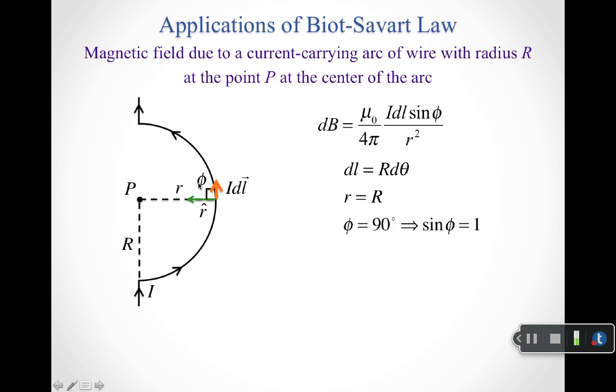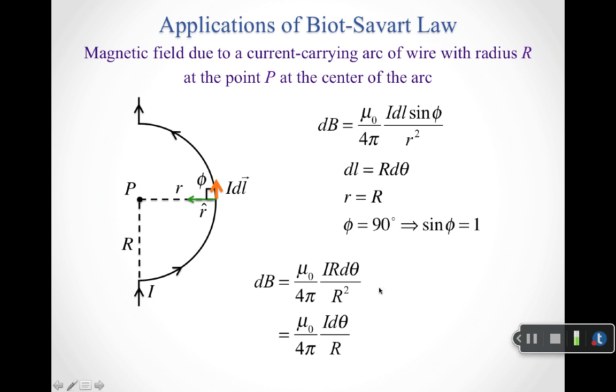So these two vectors are perpendicular to each other, and they would be perpendicular at any point you picked. And so sine phi here is 1. When we plug this all into our expression for dB, here's the mu naught over 4 pi term, there's I, there's my dl, r d theta, here's my r.